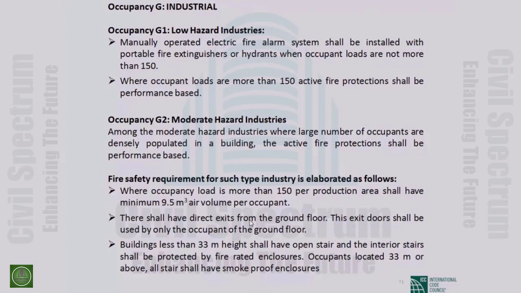There is no chance for obstruction. If it is not an open stair, the interior stair shall be protected by a fire-rated enclosure. So in that case, the stair must be fire rated enclosed.